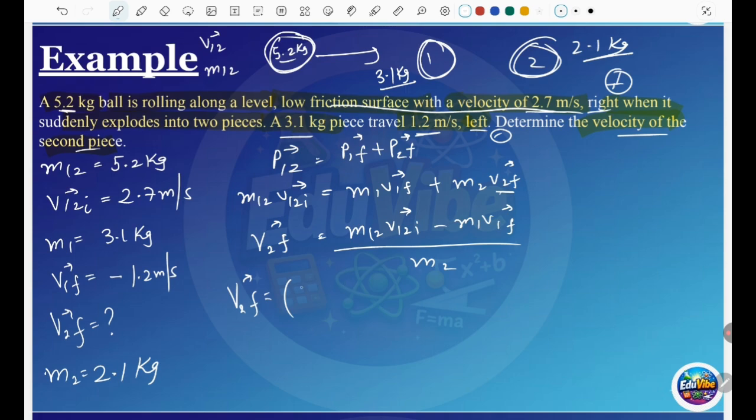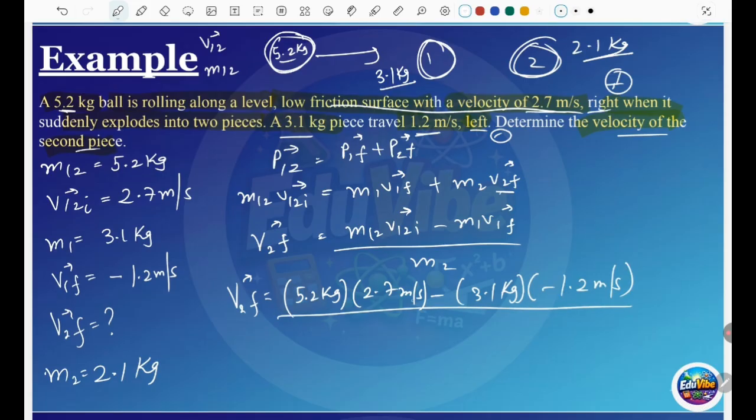So m12 is 5.2 kg, the initial velocity is 2.7 meters per second, minus 3.1 kg times minus 1.2 meters per second, the whole thing over 2.1 kg.